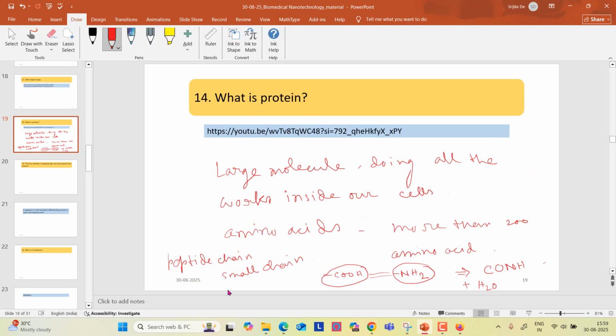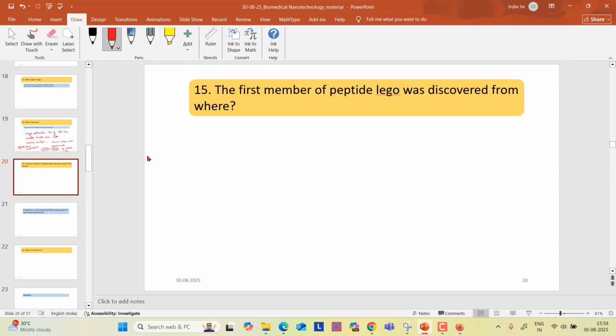Next, the first member of the peptide Lego was discovered from where? You can answer in the chat box also.